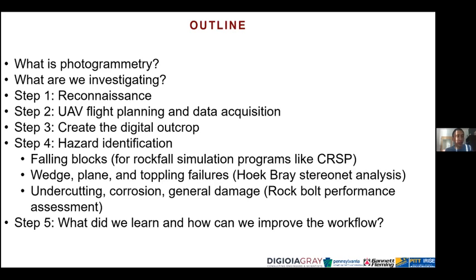Step 3, creating your digital outcrop, so to speak, from which you're going to work. And step 4, identifying your hazards, such as falling blocks for rockfall simulation programs like CRISP, and then your wedge, plane, and toppling failures in your Hoek-Bray stereonet analysis, and undercutting, corrosion, or general damage on rock bolts and other built structures. Then step 5, which is usually the most important step, what did you learn and how can you improve?